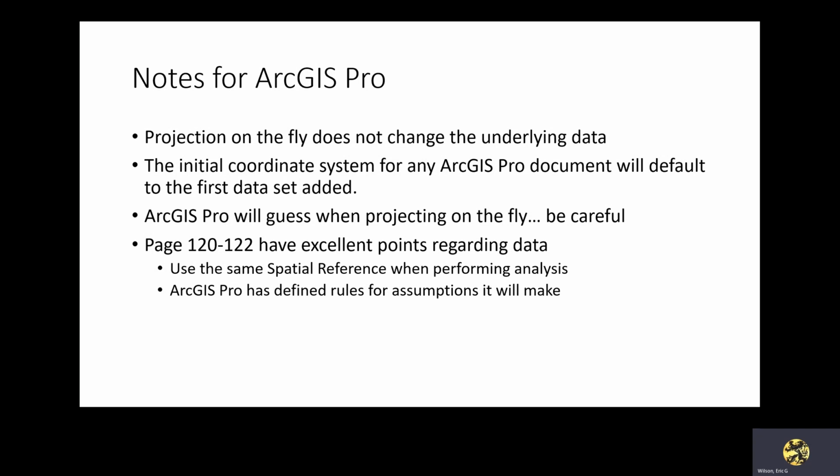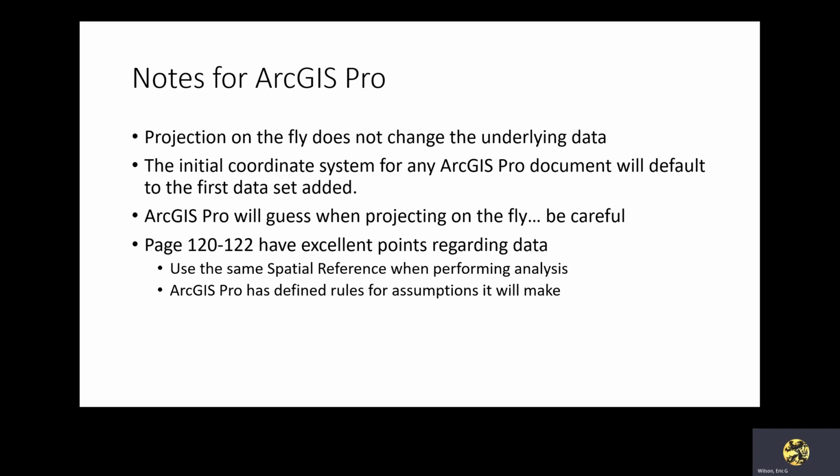And I'd stress that you read pages 120 to 122 in the book. There are some excellent points in there that I don't need to reiterate here. But much like I said, using that same spatial reference when performing analysis is really important. ArcGIS Pro has defined rules for the assumptions it makes.